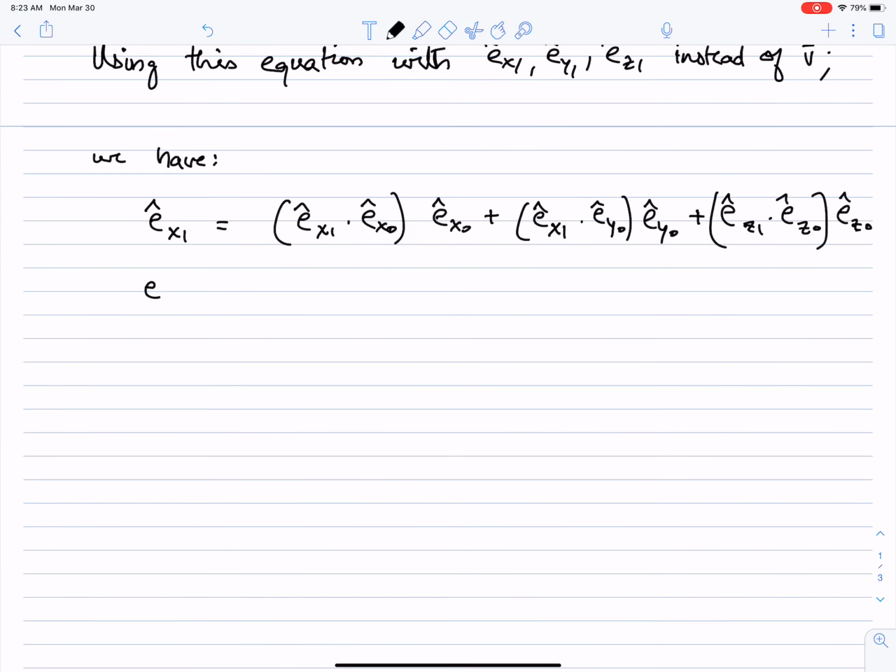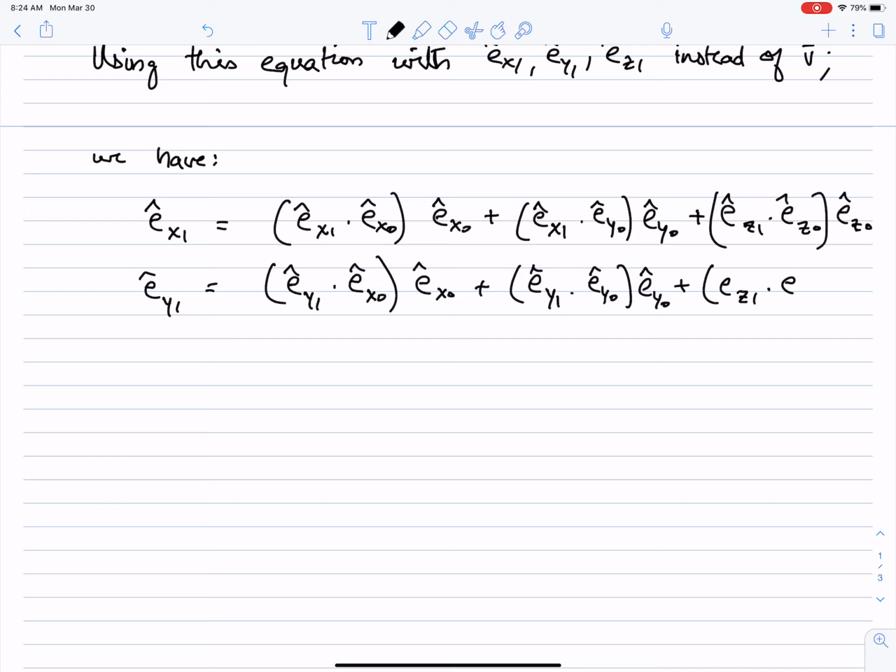Similarly, we have EY1 equals EY1 dotted with EX naught, plus EY1 dot EY naught, plus EY1 dot EZ naught. We're doing EY1 right now.